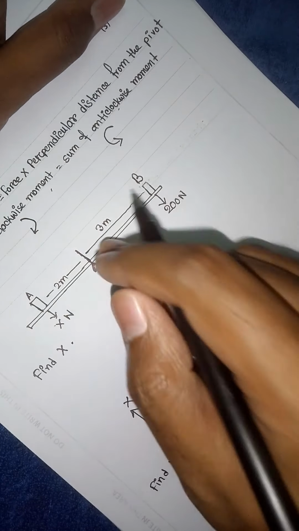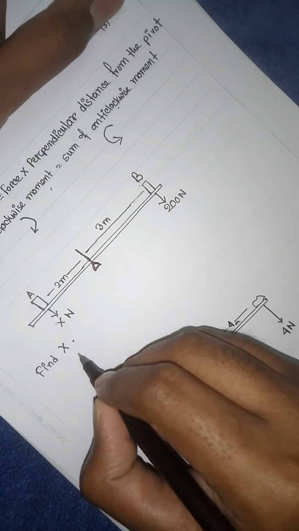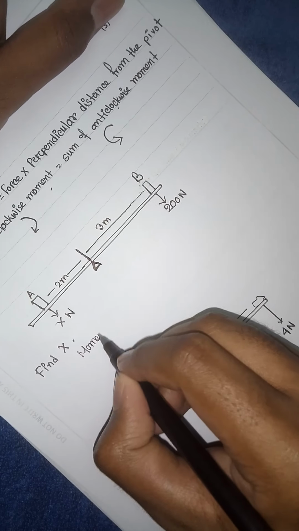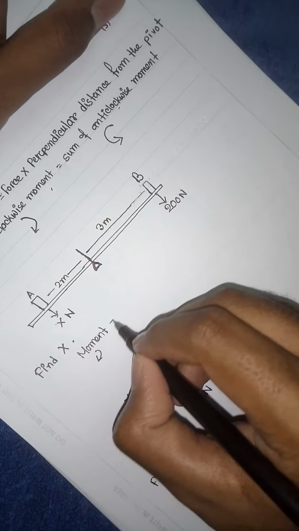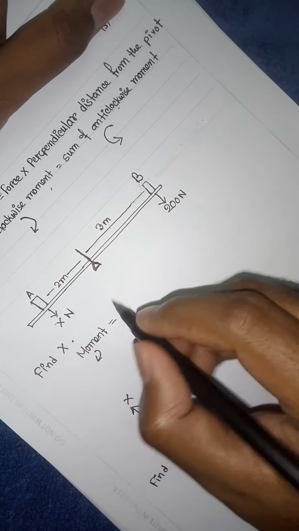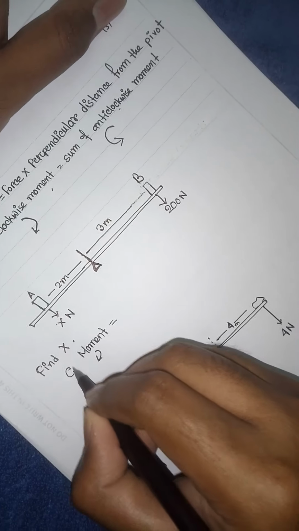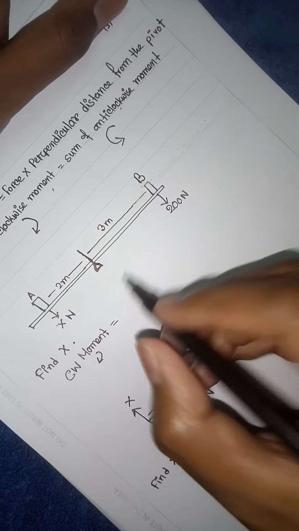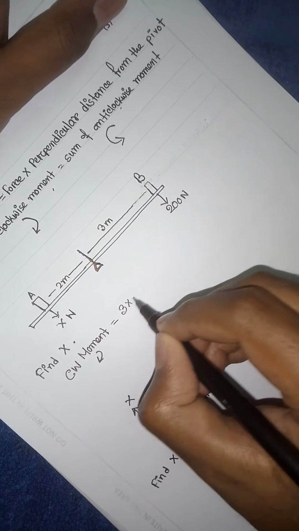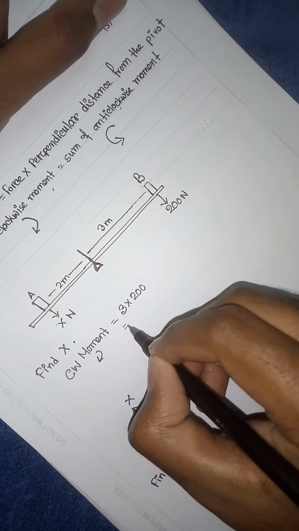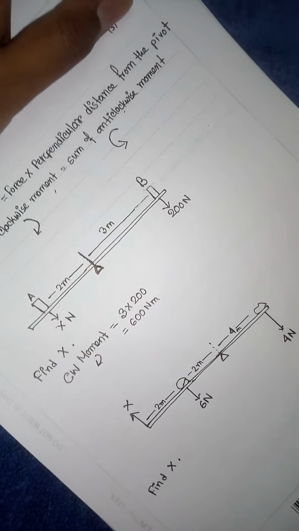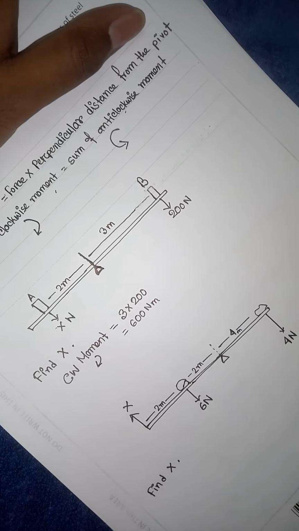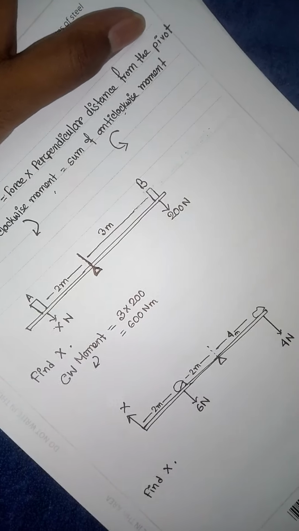So find the clockwise moment first: 3 multiplied by 200, which is 600 Newton meter.